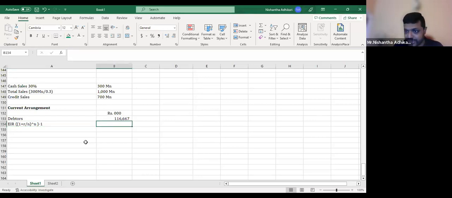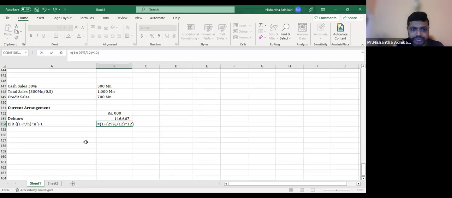Monthly you are servicing the interest, no? Therefore, 1 plus your interest rate is 29%, 29% divided by 12, power 12, minus 1.